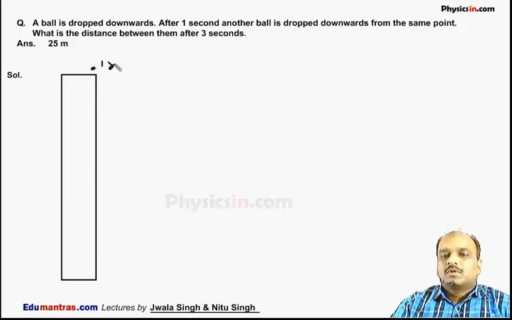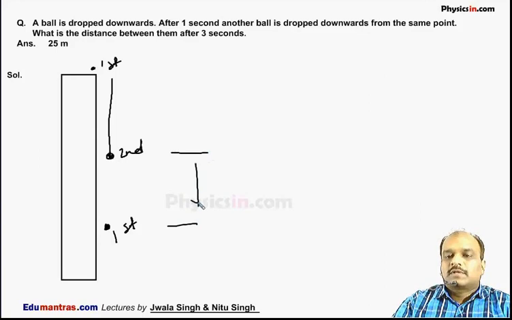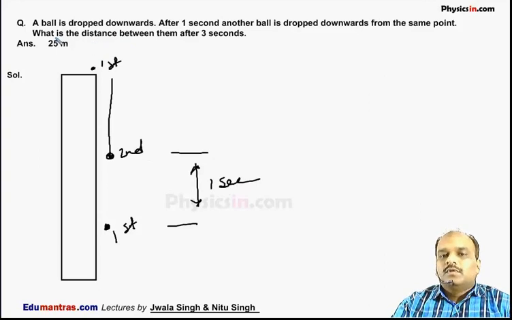At any instant the first ball is here, and 1 second after, the second ball is here. The time difference between these two balls is only 1 second. We have to calculate the distance between them after 3 seconds.